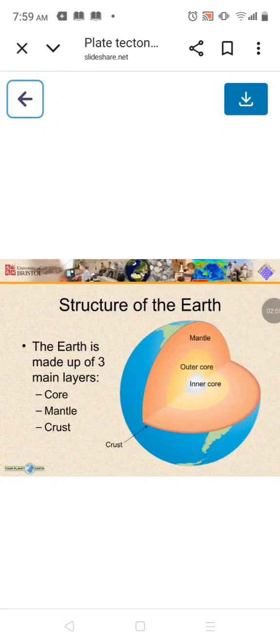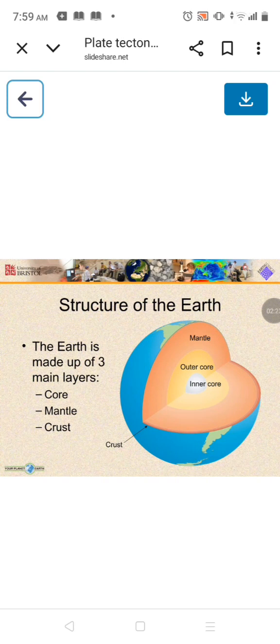So from the diagram, mantle, then outer core, then inner core, it is just like a cell, there is a nucleus. So we can say that in the nucleus there is inner core and then outer core, then mantle.